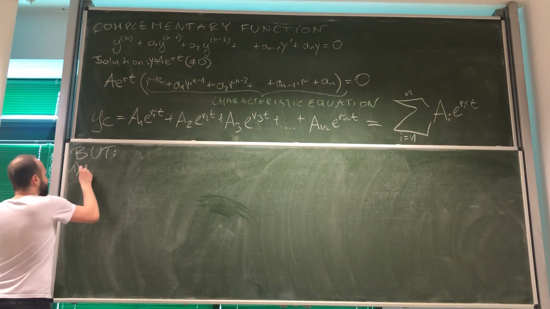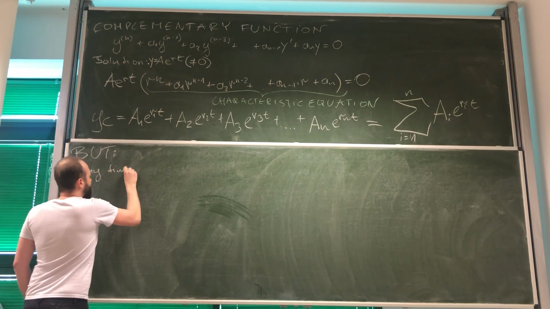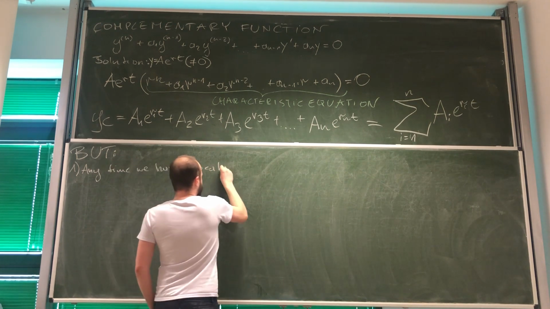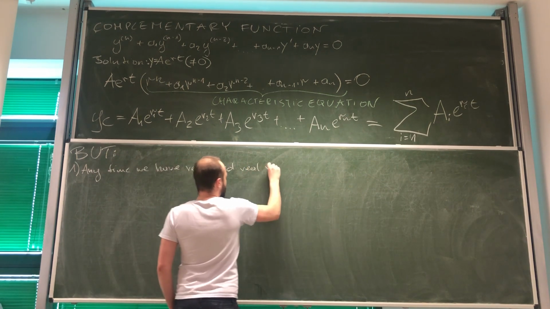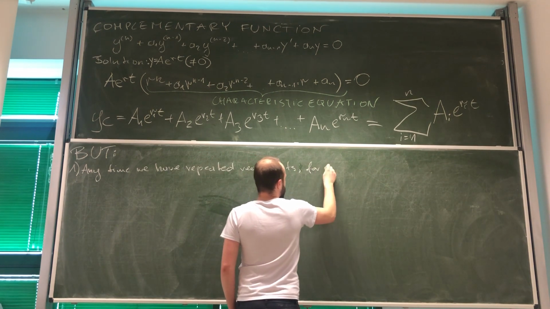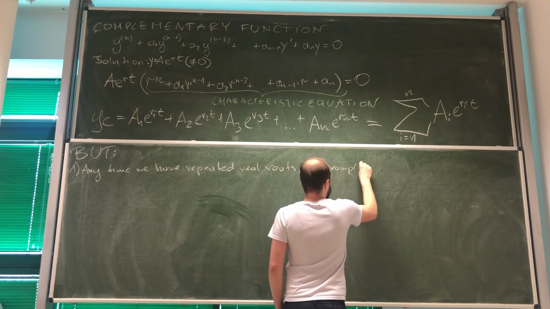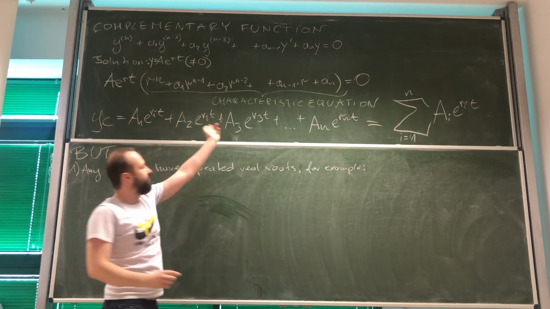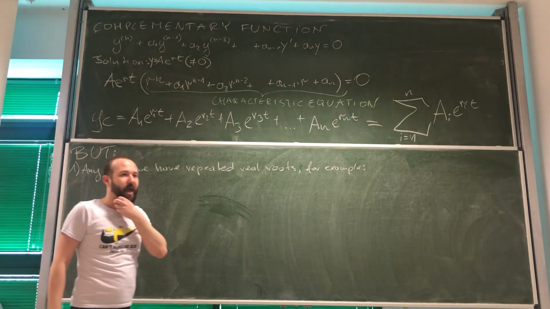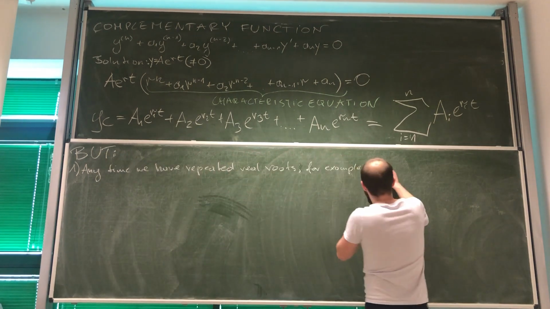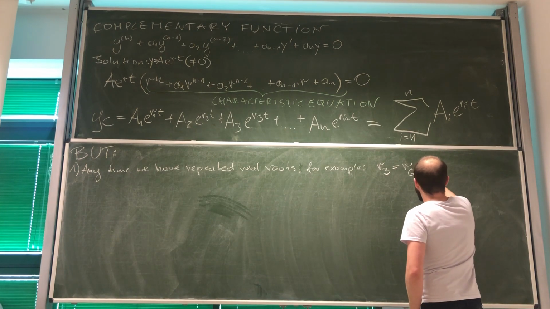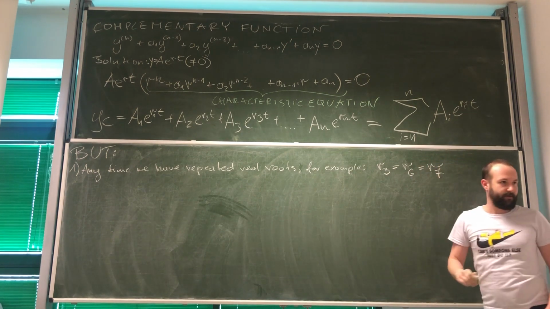So, anytime we have repeated real roots, for example, let's just say that we have solved this characteristic equation, and we found that R3 is exactly the same as R6 and exactly the same as R7.